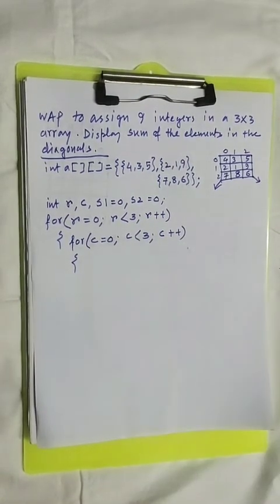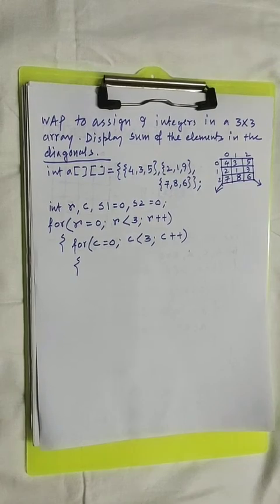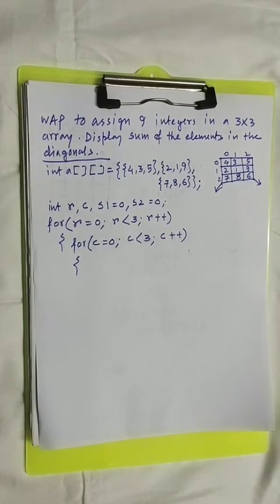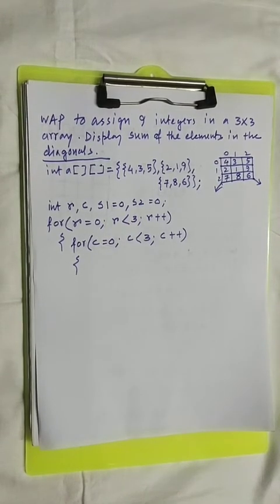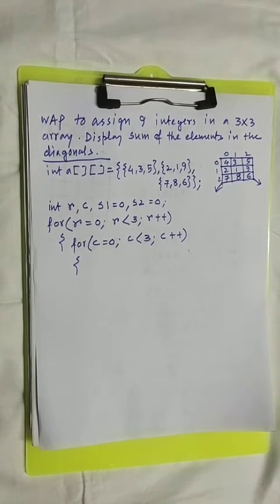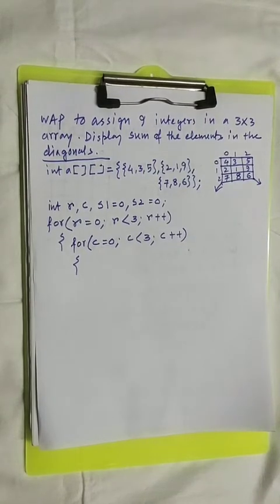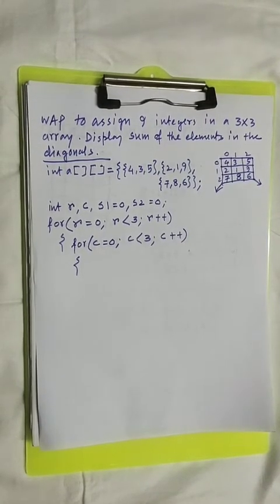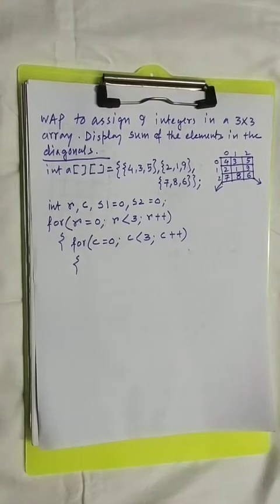Now if you see the left diagonal, which is starting from the left hand side, 4, 1, 6, where are the positions of these elements? 4 is in 0, 0, 1 is in 1, 1, and 6 is in 2, 2. That means row and column numbers are the same. So this is very simple.